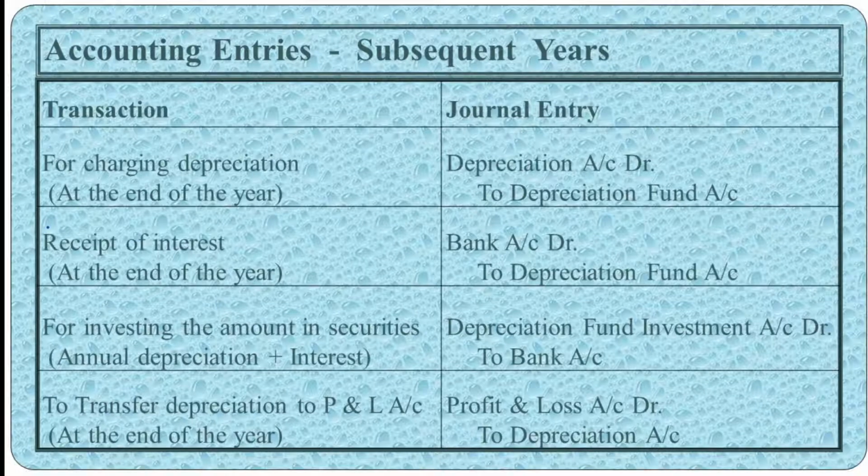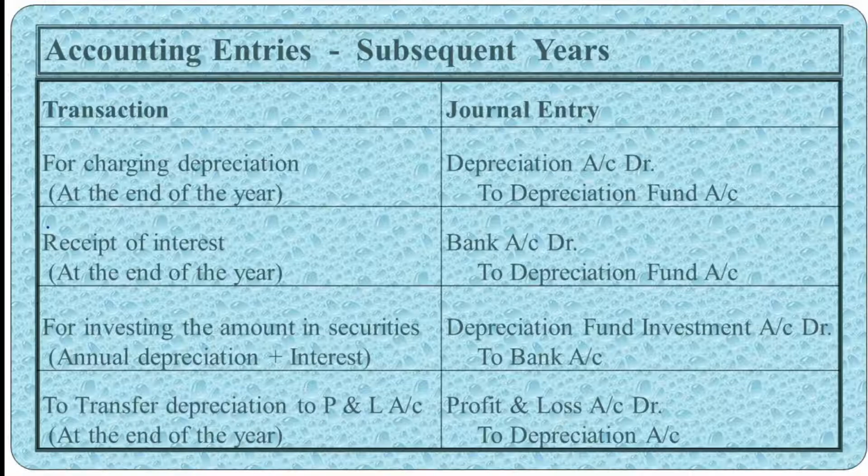Now coming to subsequent years, at the end of each subsequent year, first entry is passed for providing depreciation. The entry for the same is depreciation account debit to sinking fund account. The next entry is passed for receipt of interest on investment.